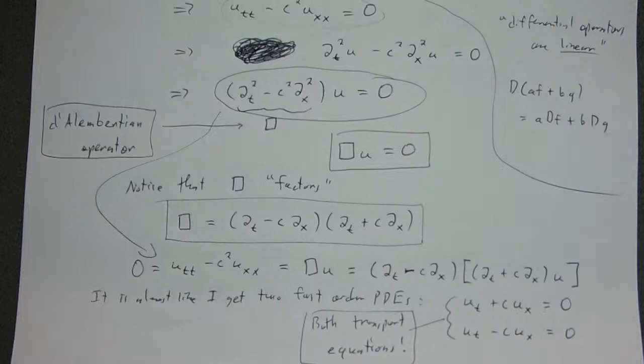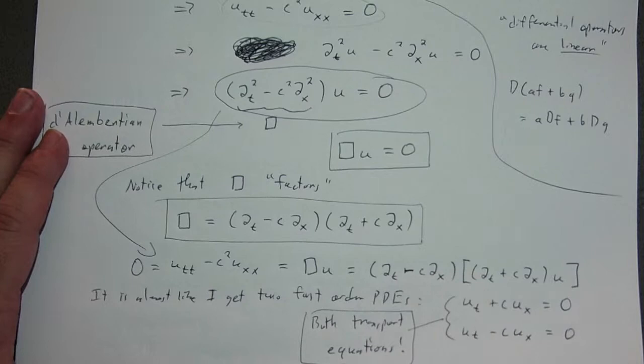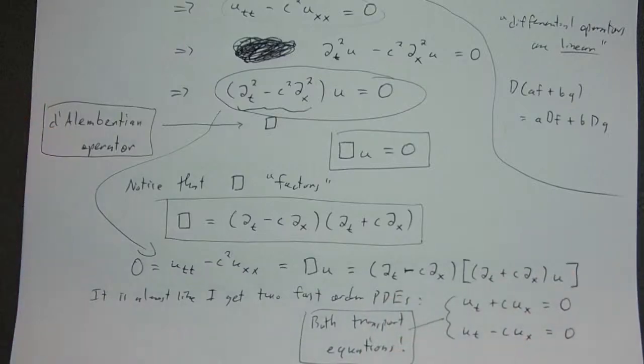And now it looks like we're getting two of these things. Now, this is not exactly what's going on. This is just some kind of nice intuition, but this factoring method leads to insight that allows you to do this. And we're going to prove that all of this is justified in this way. But this is just telling us what I can expect the general solution to be.